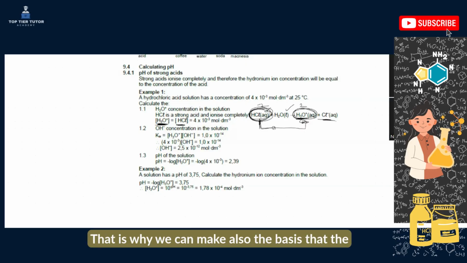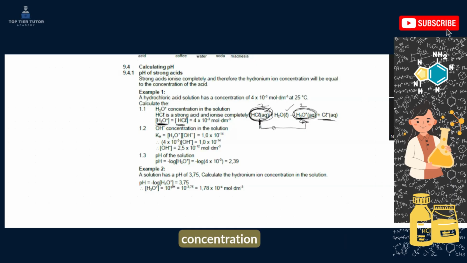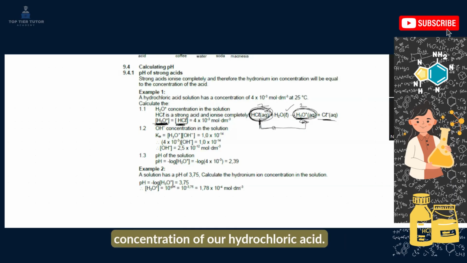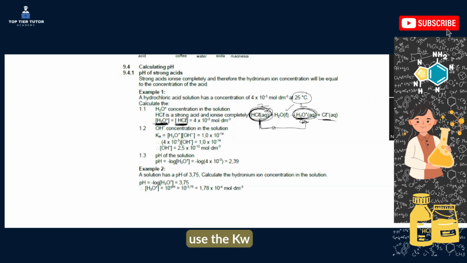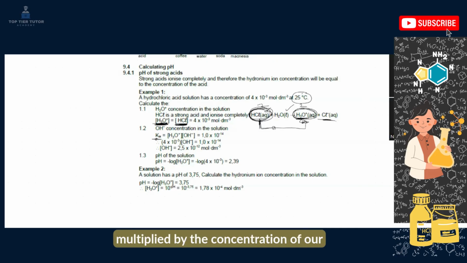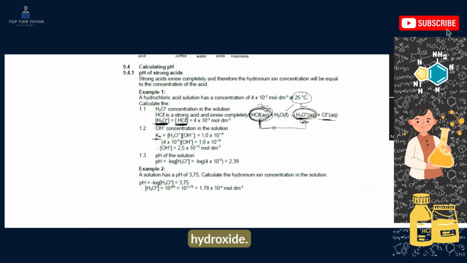That's why we can also make this basis that the concentration of our hydronium is equal to the concentration of our hydrochloric acid. Then, because this is at 25, we can use the Kw to say that the Kw is equal to the concentration of our hydronium multiplied by the concentration of our hydroxide.